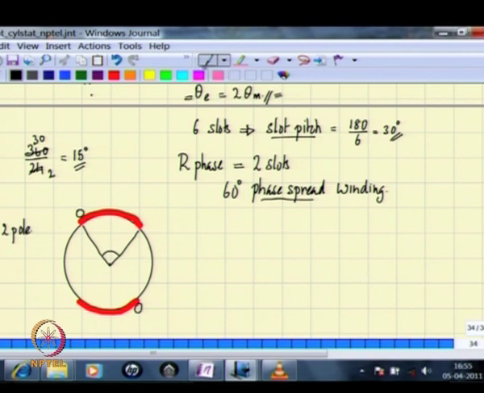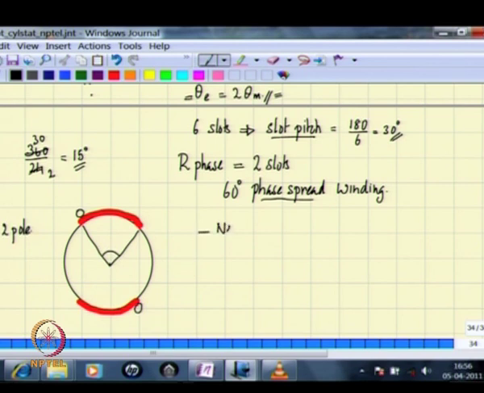In order to do that, the way we could proceed is that we will make use of our understanding of how to determine the inductance for a single coil. After all, a spread like this is made up of several single coils.